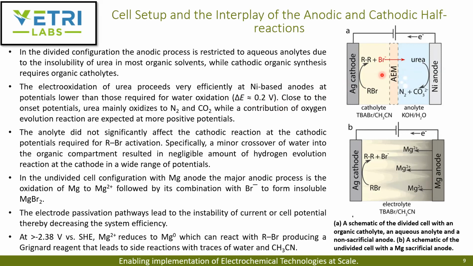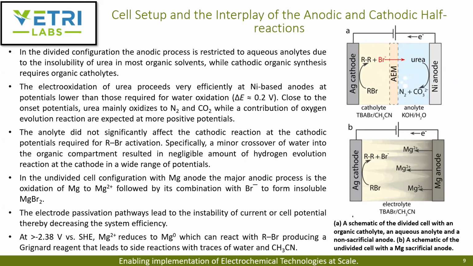And the anolyte did not significantly affect the cathode reaction at the cathodic potentials required for this RBR activation, even though the bromide ions can cross over. Specifically, a minor crossover of water into the organic compartment can result in a negligible amount of HER at the cathode.